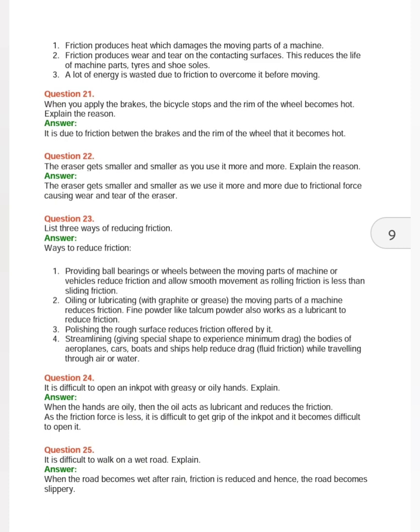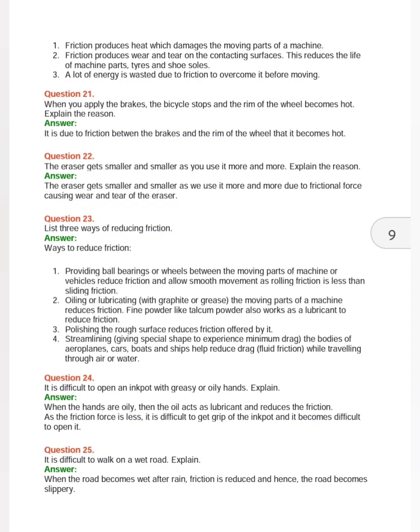Question 23. List 3 ways of reducing friction. Answer. Ways to reduce friction. 1. Providing ball bearings or wheels between the moving parts of machines or vehicles reduces friction and allows smooth movement, as rolling friction is less than sliding friction. 2. Oiling or lubricating with graphite or grease the moving parts of a machine reduces friction.